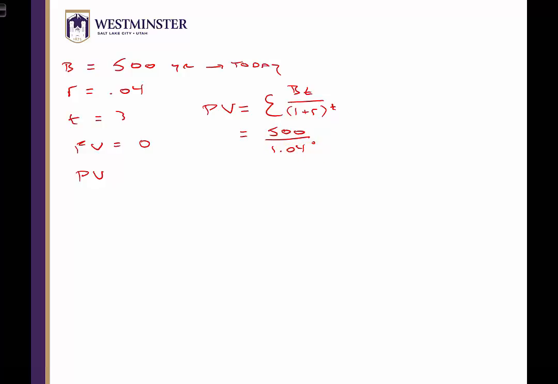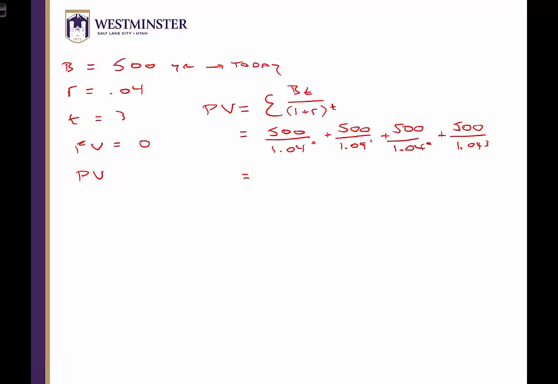That's to express the time component today. Plus 500 divided by 1.04 to the 1. Plus 500 divided by 1.04 squared. Plus 500 divided by 1.04 cubed.